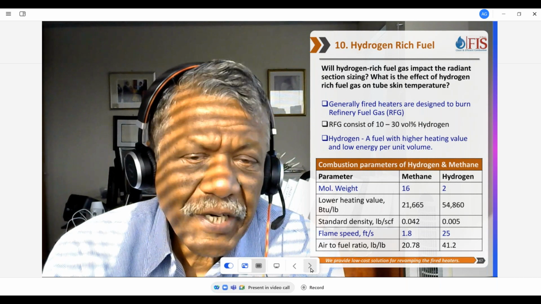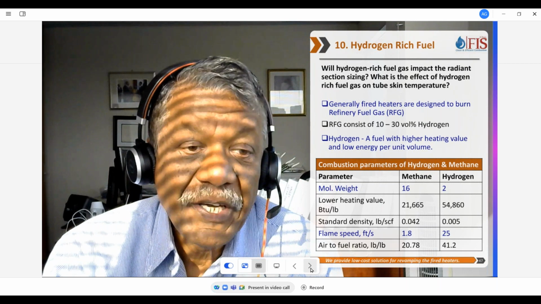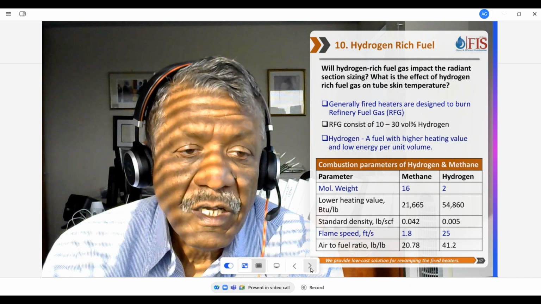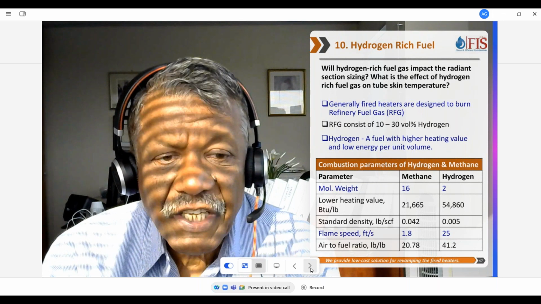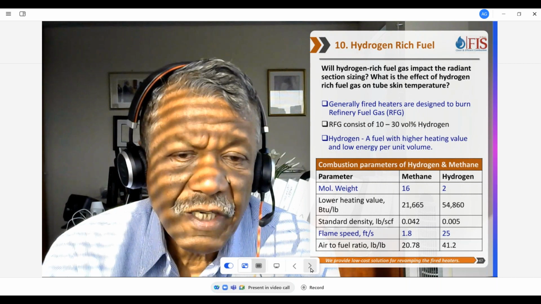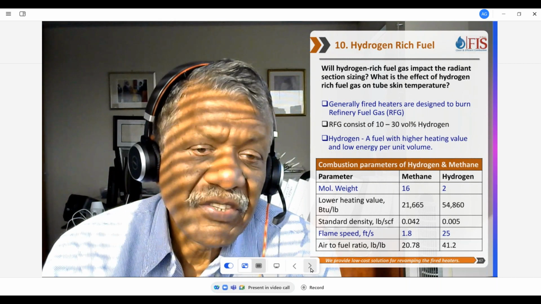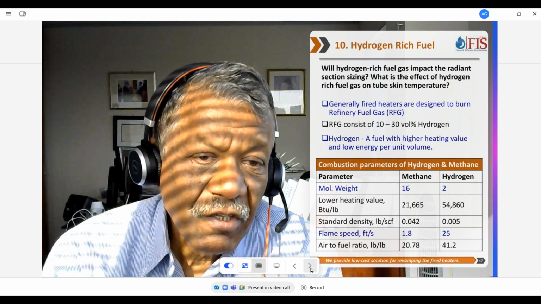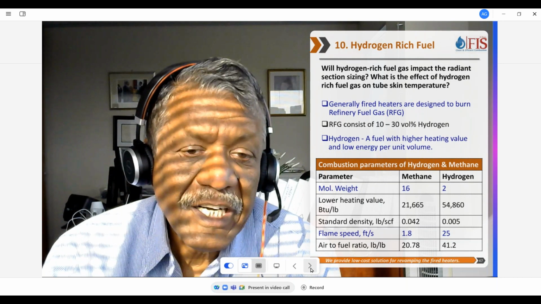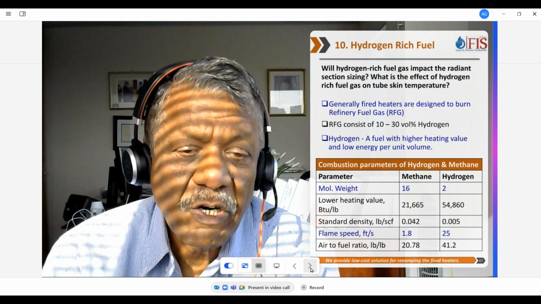If you look at the heating value per pound basis, methane has a heating value of 21,000 BTU per pound, and hydrogen has a very high heating value of 55,000 BTUs per pound. So almost 2.5 times is the heating value of hydrogen on the pound basis.